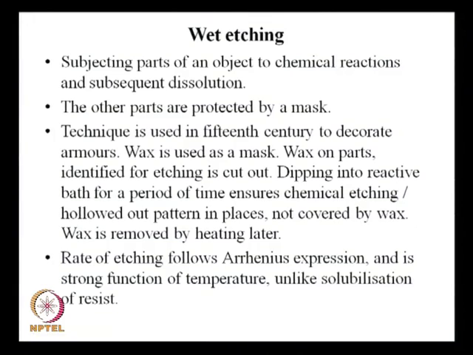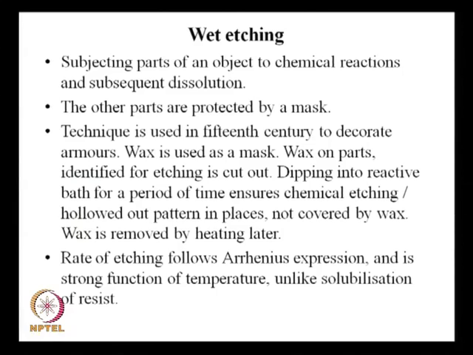So, etching can be of two types. One is wet etching, the other could be dry etching. Wet etching refers to dipping the substrate into a chemical and conducting a chemical attack, but that is through a liquid phase. So, that is what we refer to here as wet etching.